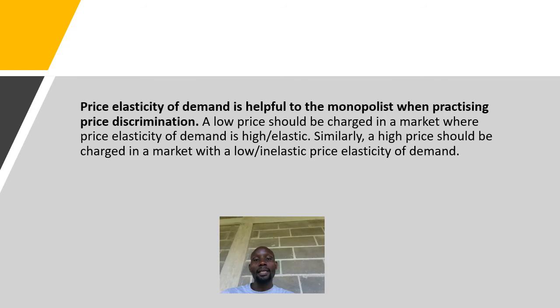Where high income earners buy, they are able to charge a higher price and generate more revenue by charging high prices. On the other hand, where low income earners buy, they charge low prices and they generate revenue by reducing prices and then increasing sales.